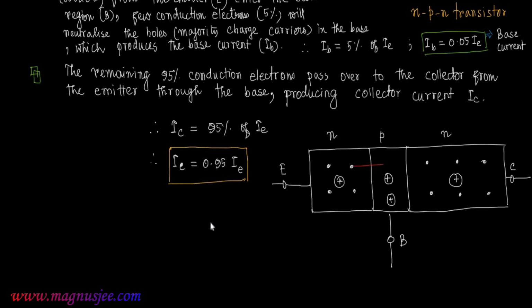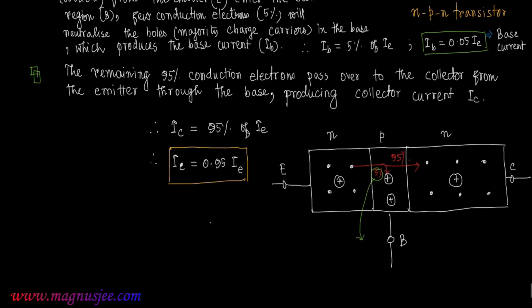Now these conduction electrons will migrate from the N-type emitter to the P-type base, and 5% of these conduction electrons will neutralize the holes in the P-type semiconductor. The remaining 95% will enter the N-type collector, producing collector current.